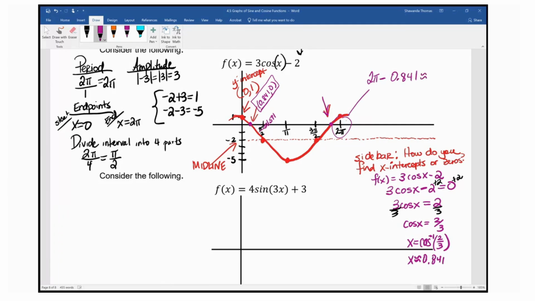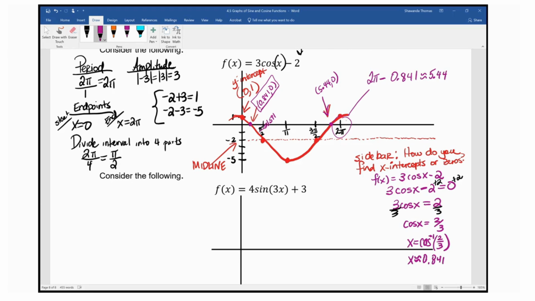What is 2 pi minus 0.84107? I put as many as possible. Should be about 5.44, something like that. Okay, so that's about 5.44, comma 0. So you can get the x-intercepts if you wanted to, but I might be a little ahead of myself on that one.